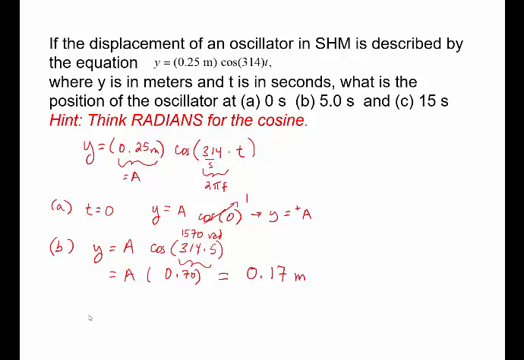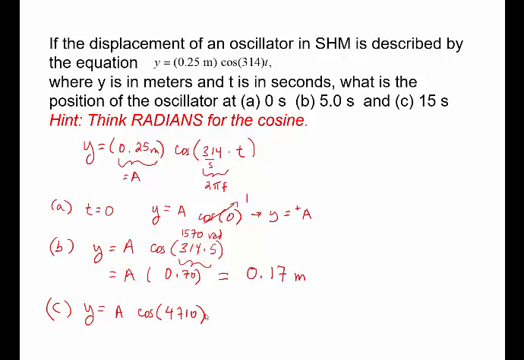How about 15 seconds? If I do that, then I have y is equal to A times the cosine of 314 times 15. That's 4,710.